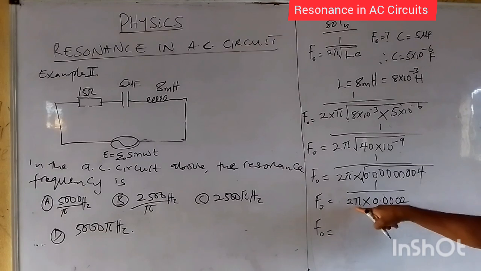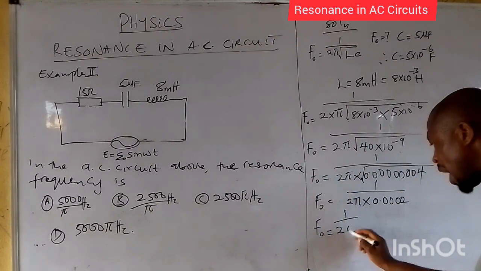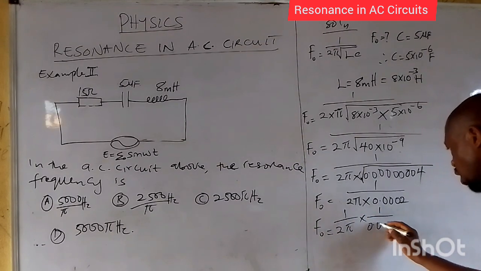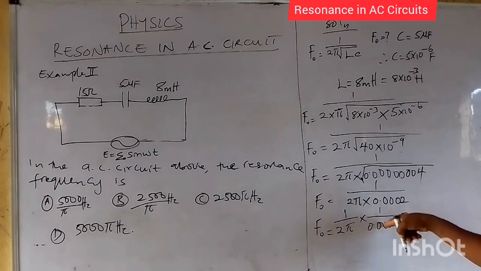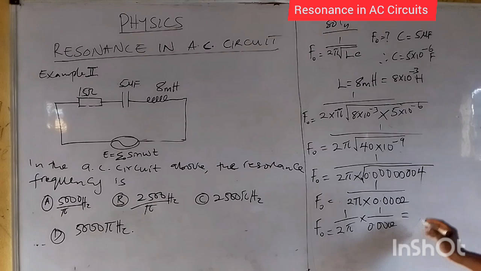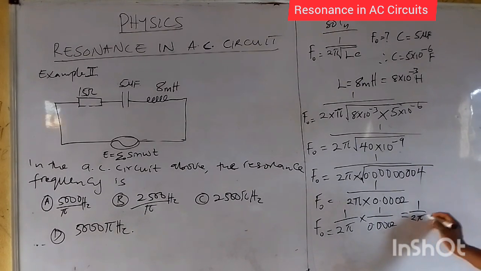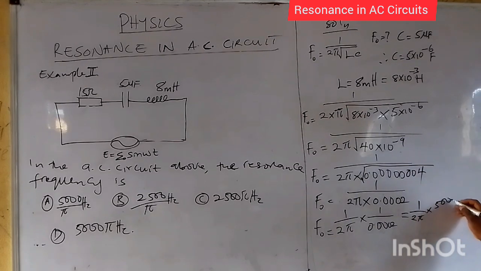At this point, we can also split it as 1 over 2 pi multiplied by 1 over 0.0002. We will take the inverse of this and leave this, so we'll now have 1 over 2 pi multiplied by 1 over 0.0002, and I will have 5,000 here.